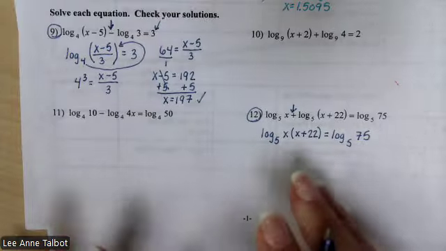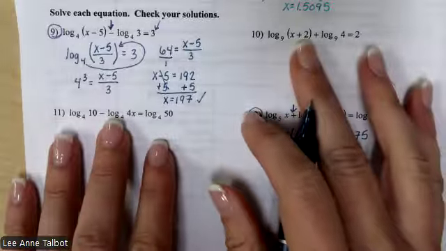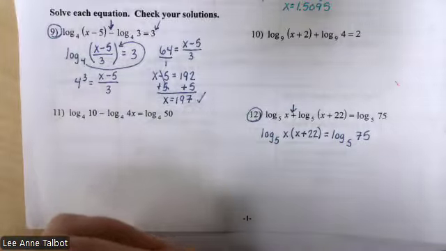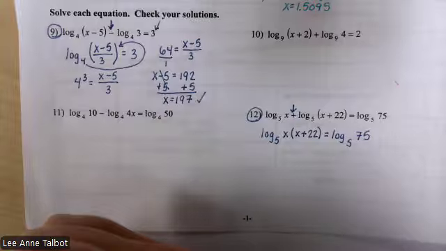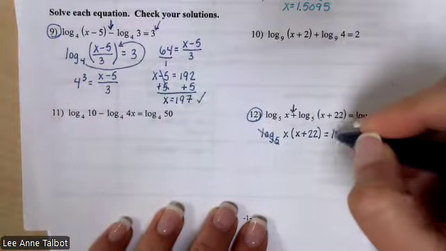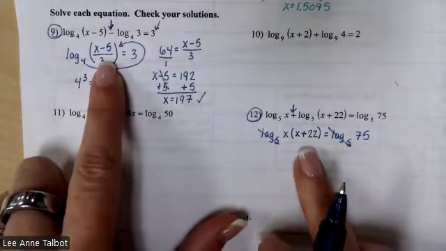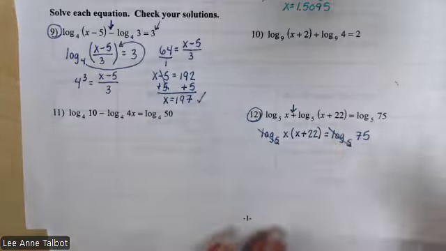Okay, so on these problems, step one's always the same. Identify the operation. Step two, decide if it's a Guinan circle problem or a cross out. What do you think? Cross out. And the reason it's cross out is because there's log base fives on both sides. You see the difference between this one and this one? This one just had one. This one's got them on each side.